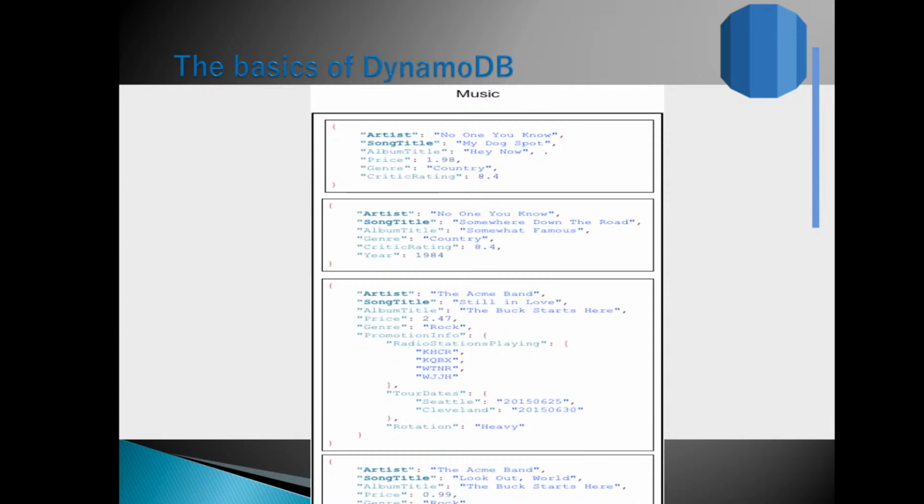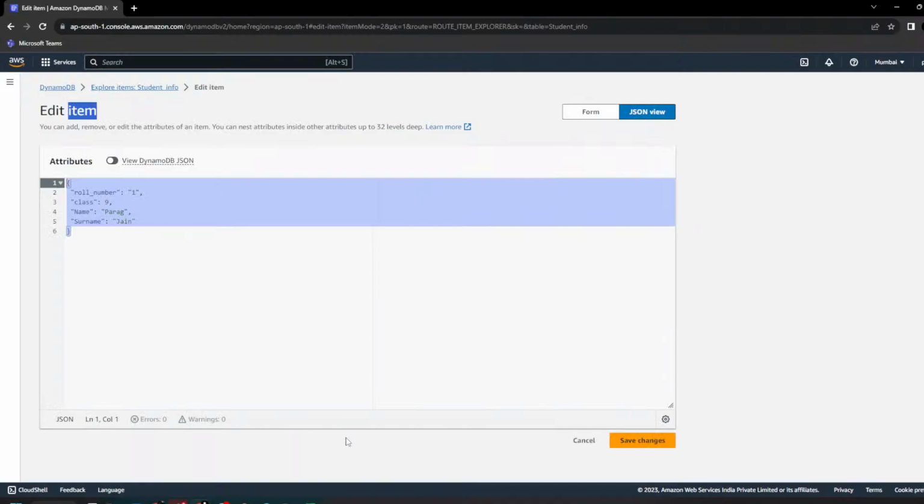So I'm stopping here. We have one more session required to complete the RDS, more theory. So let me just show you how you can create a partition key. Okay.